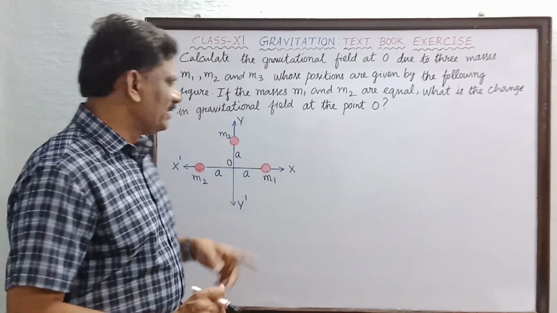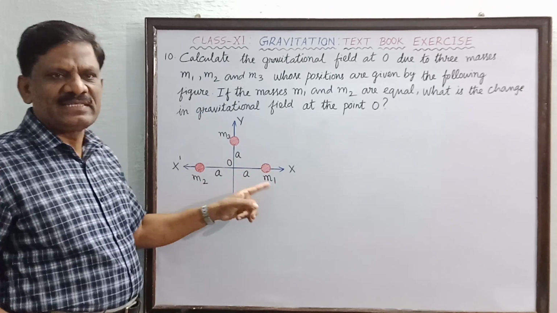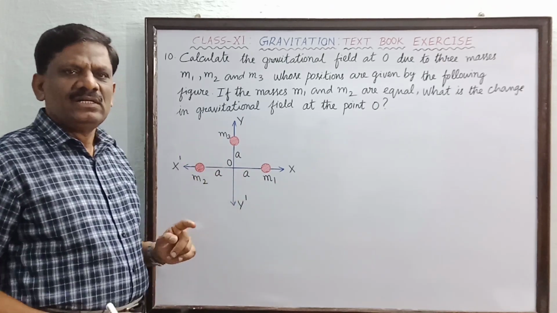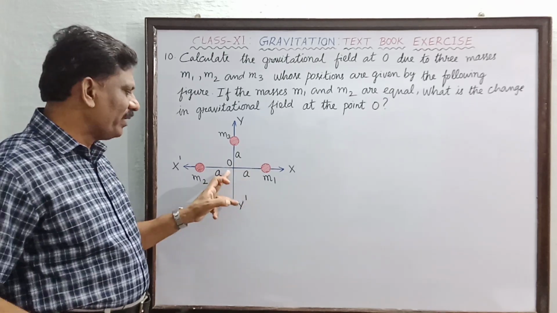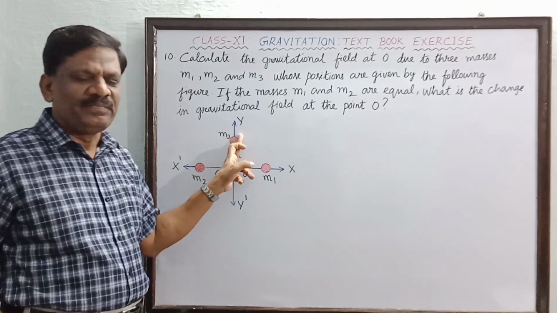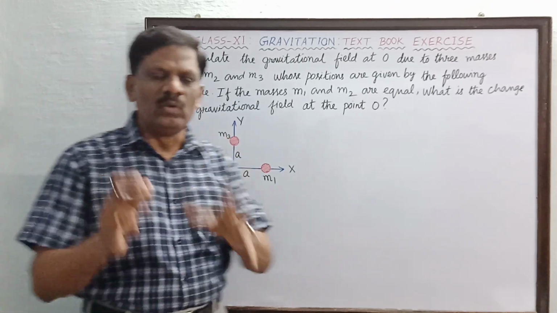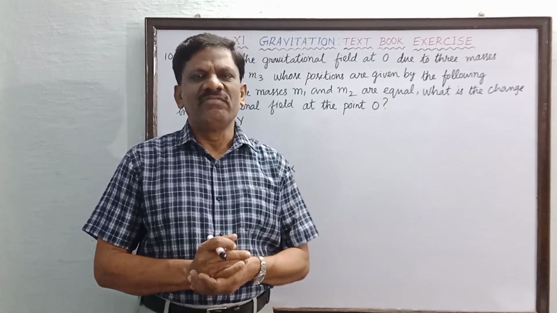Similarly, now you can see the point O is lying between three different masses m1, m2 and m3. But they are at the same distance a. a is the distance of the point O from m1 as well as m2 as well as from m3. So at this point O, there will be three gravitational fields.